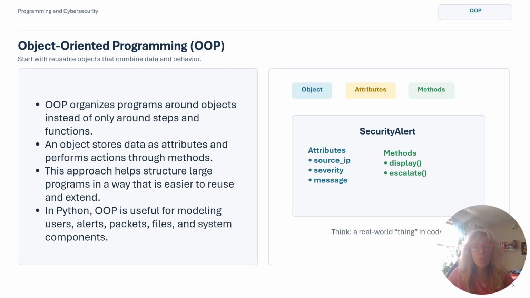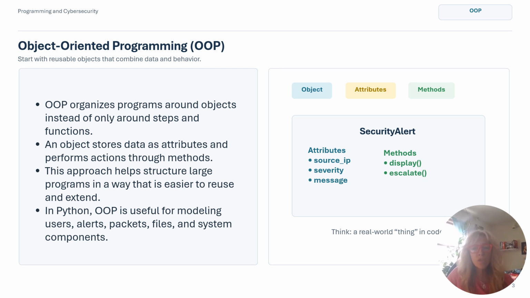Each object has two main parts. First it has attributes, and these are the pieces of data that it stores, right? Second, it has methods, and these are the actions that it can perform. So in simple terms, attributes describe what the object has, and methods describe what the object can do.